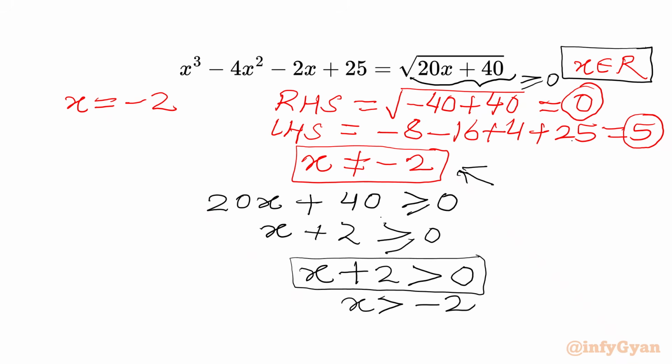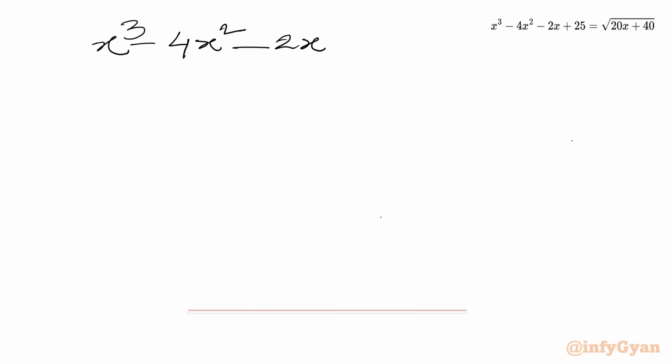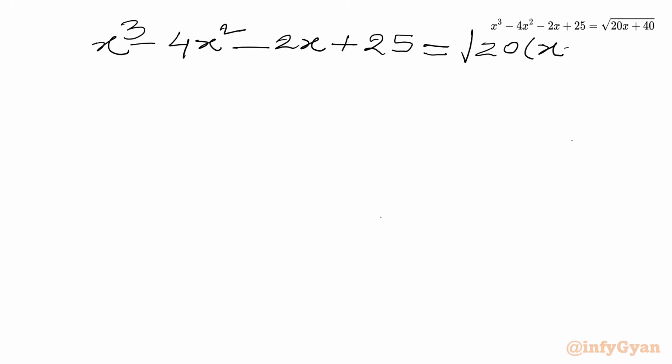Now we are going to use the AM greater than or equal to GM inequality. So I will write here the equation x cube minus 4x square minus 2x plus 25 equal to square root of 20x plus 40, which we can write with 20 common in the bracket, x plus 2.